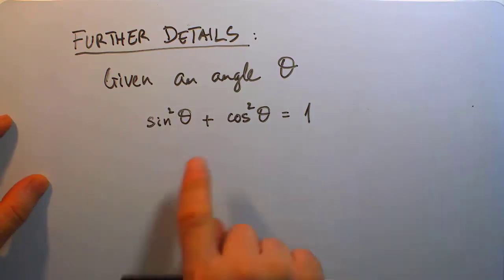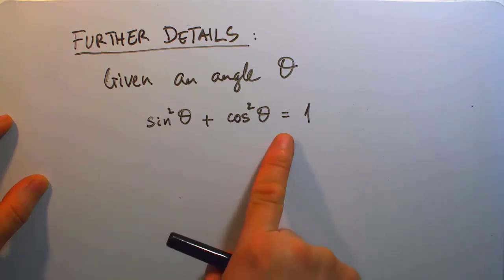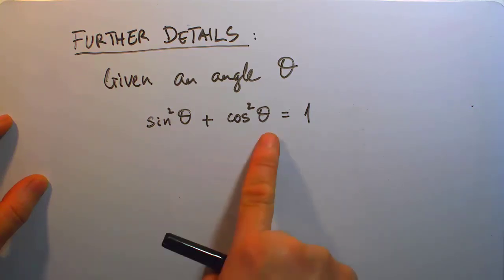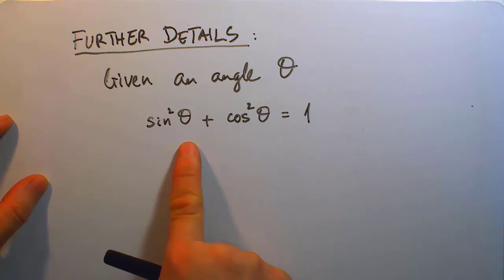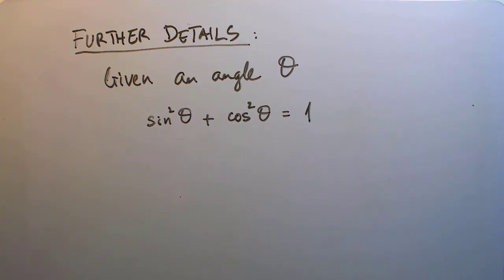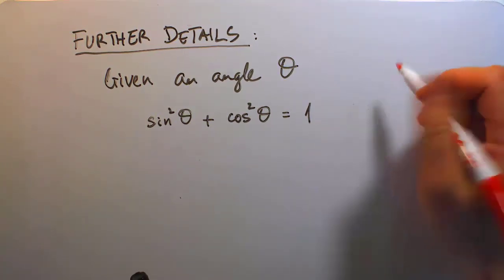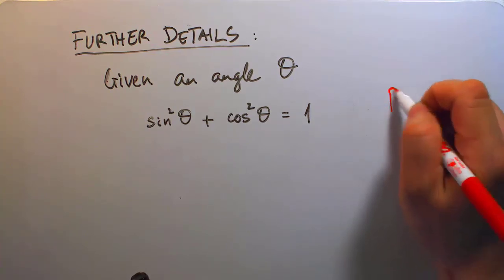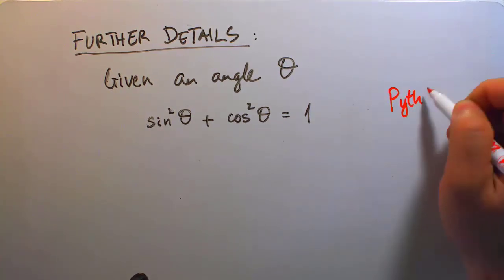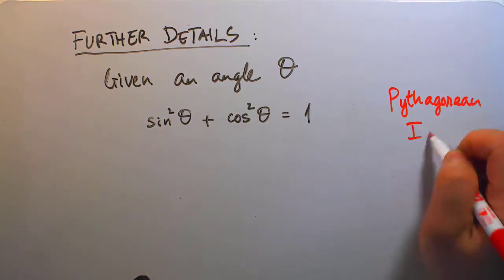It's an identity because it's true for all values of theta. It doesn't matter where you are on a unit circle, sine squared of theta plus cosine squared of theta must always equal 1. The majority of people out there refer to this as the Pythagorean identity.